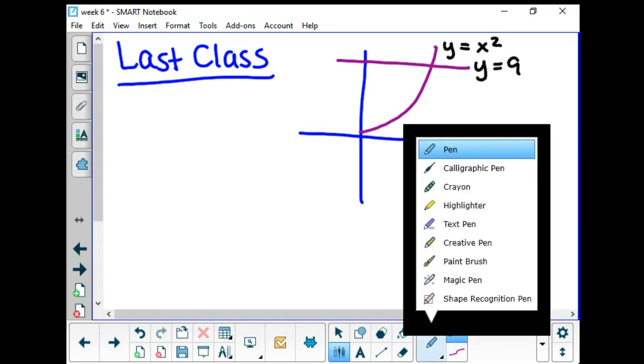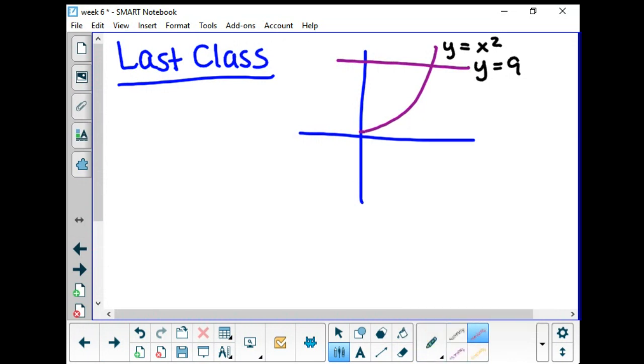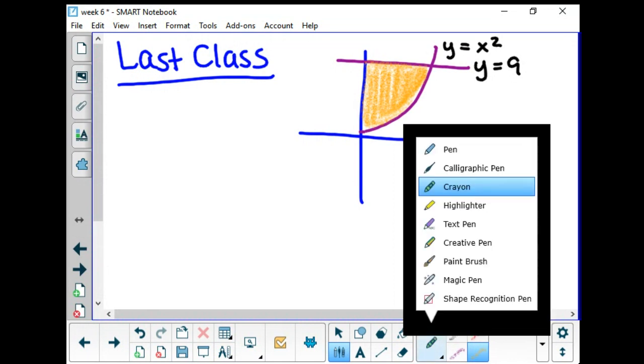And let's say I asked you to calculate the area bounded by those functions. So that sort of pizza-shaped area or quarter of a pizza-shaped area. And I asked you to calculate that.